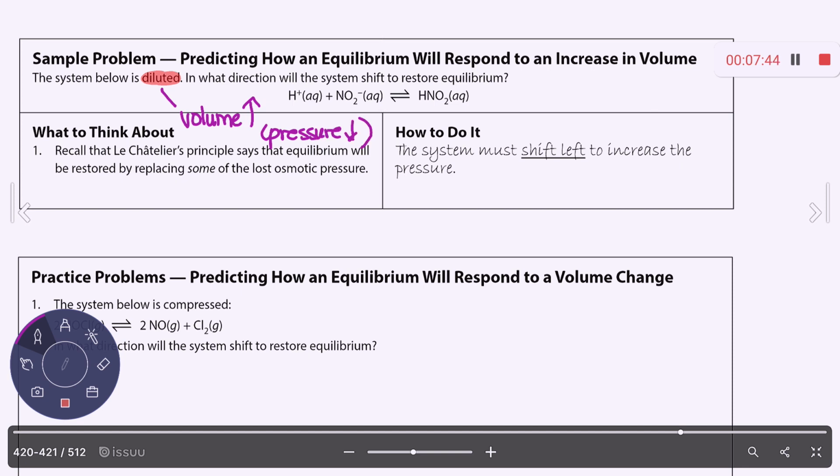Okay, we need to bring the pressure back up to help us get to equilibrium. So let's count how many particles we have on each side. I have 2 ions on the reactant side, and then I have 1 particle on the product side. So since the pressure dropped, I need to move to the side with more particles.